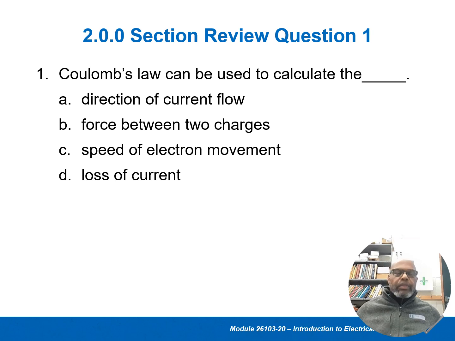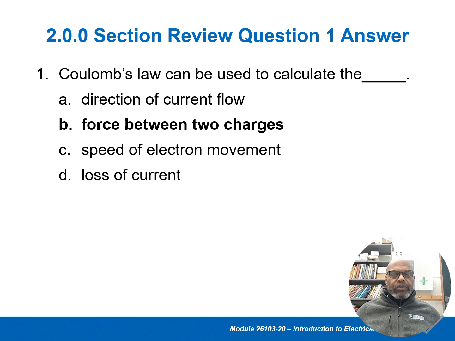Here are some questions. Coulomb's law can be used to calculate the blank. Of course, this should come out of your reading, so make sure you read to get a full understanding. Is it the direction of the current flow, force between two charges, speed of electrons' movement, or loss of current?